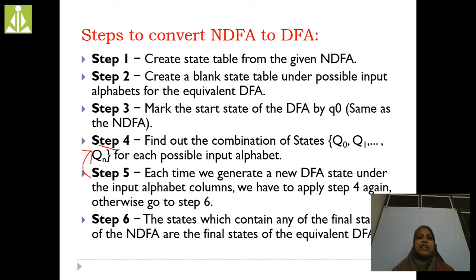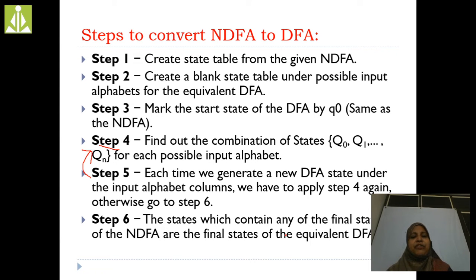While converting from NDFA to DFA, we have 6 steps. First, we create the table for the given NDFA. Then we create the blank state table using the input symbols. Next, we start from the initial state. Next, we find the combination of states by applying the input on the initial state.